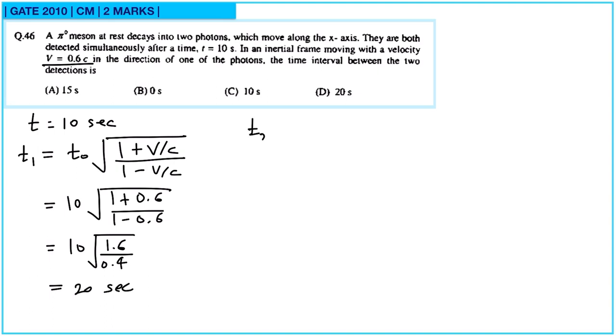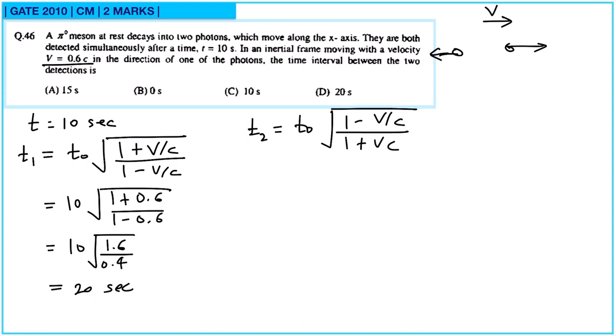Similarly, for the second case, one photon is going in this direction, another photon is going in this direction, and the inertial frame is moving with velocity v in, suppose, this photon's direction. Then for the other photon, velocity will be negative. So t2 will be t naught times the square root of (1 minus v by c) upon (1 plus v by c).